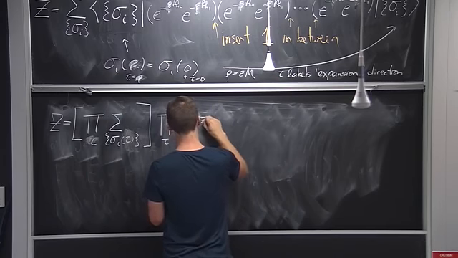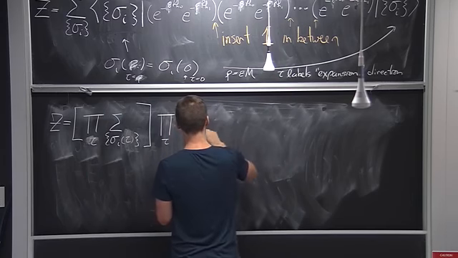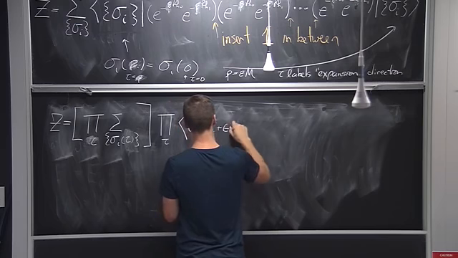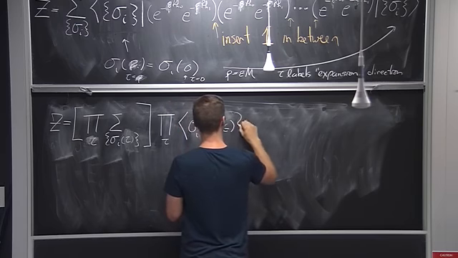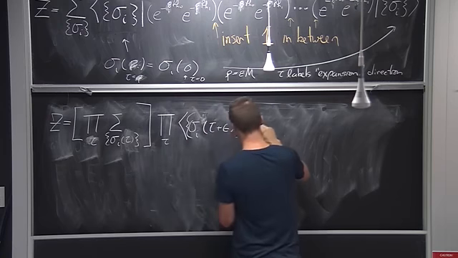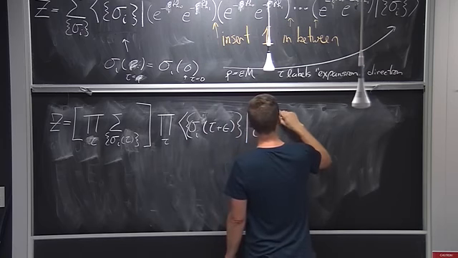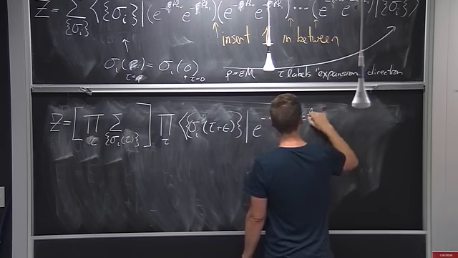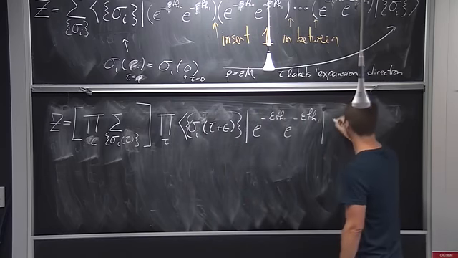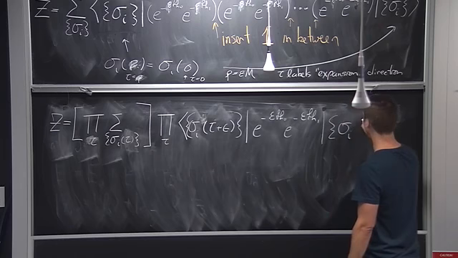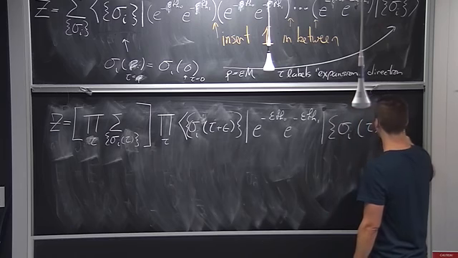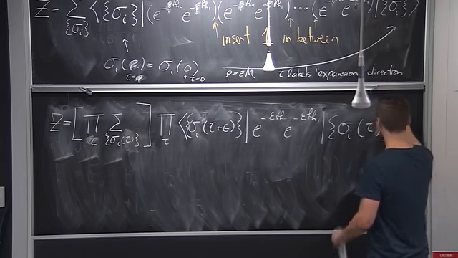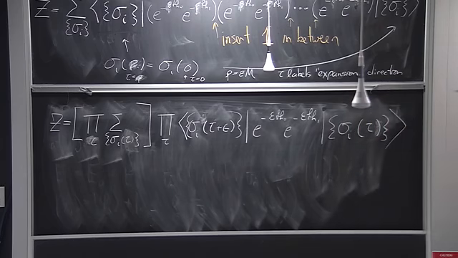So sigma at tau plus epsilon, e to the minus epsilon H0, e to the minus epsilon H1, sigma at tau. So I'll start counting from the right. That's kind of bulky, but that's the partition function.